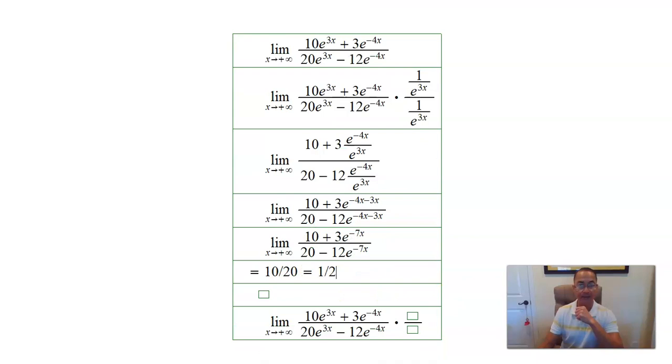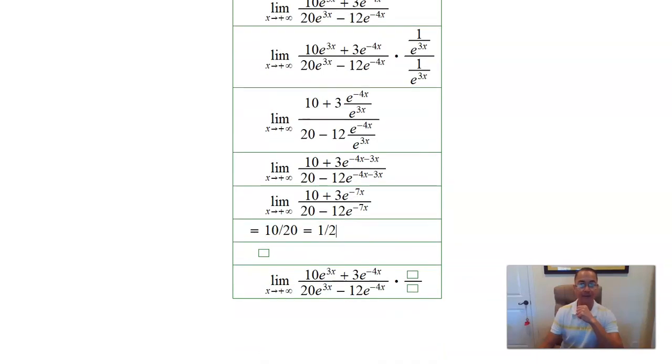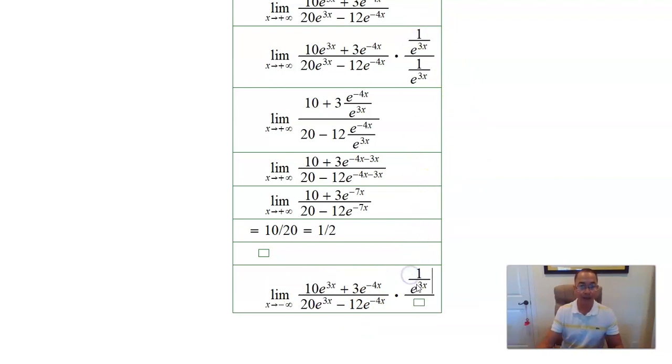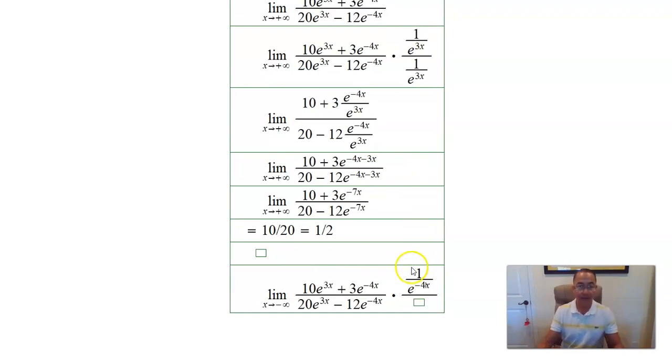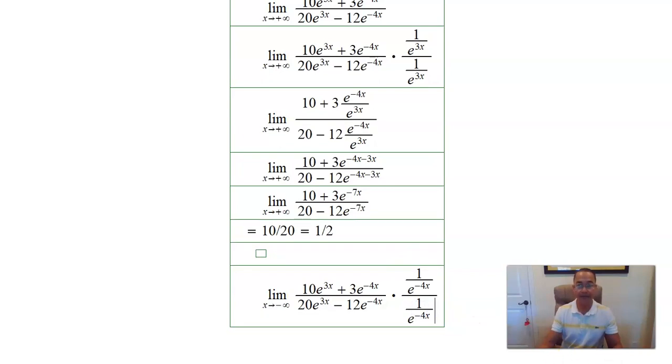Which means that for minus infinity, we should probably multiply and divide by the other exponential function. So this time, multiply and divide by 1 over e to the minus 4x. Aha! Let's try that.